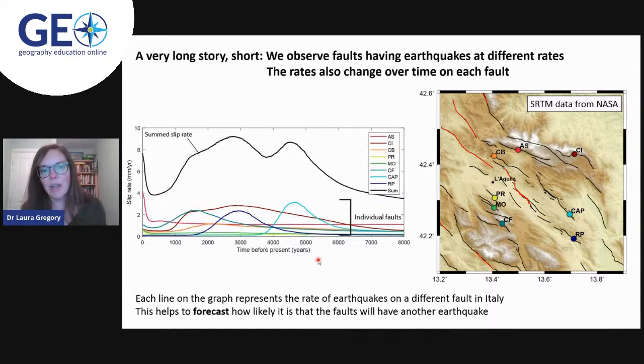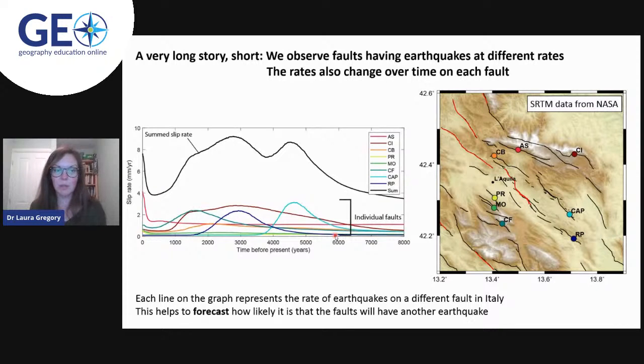And so here we just see a map of Italy, kind of zoomed in from the earlier map that we saw. And each of these dots represents a different sample site that we have on a fault on all these different fault lines. And this is quite a long story short, but if we go from today back over time, over thousands of years, what we've done is measured the rate of movement on these faults.